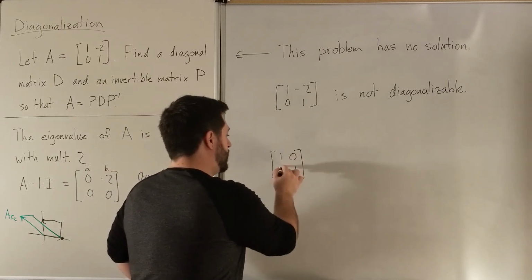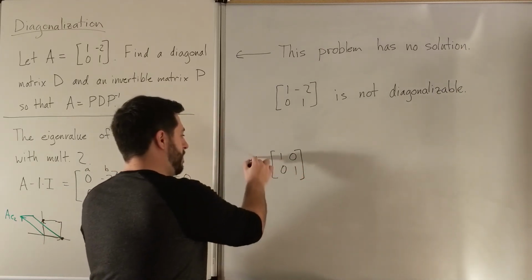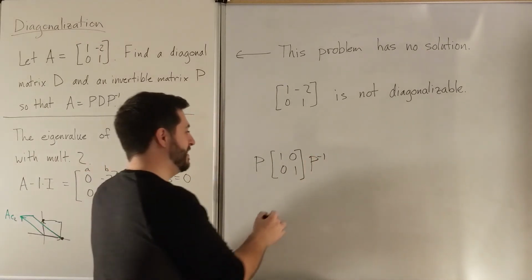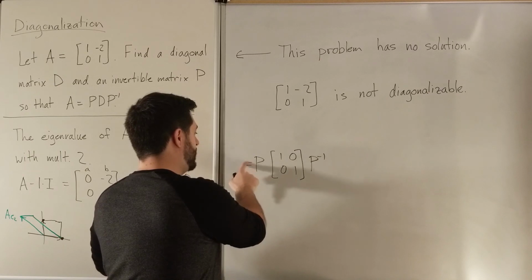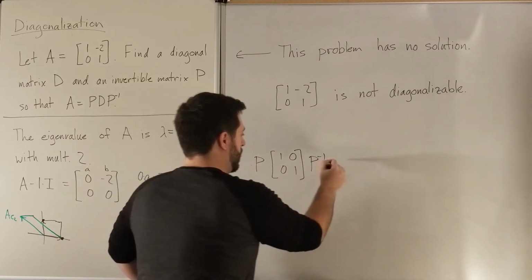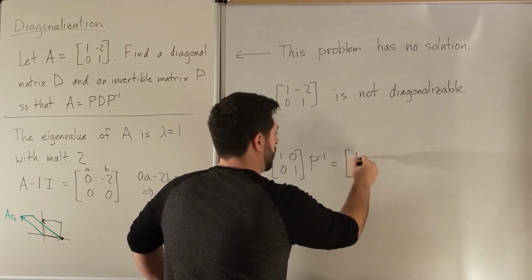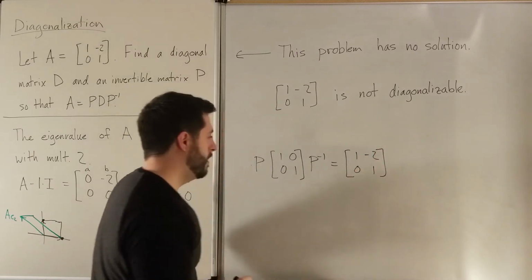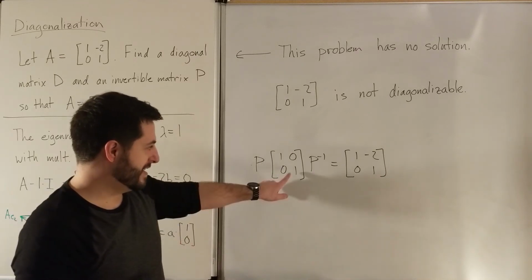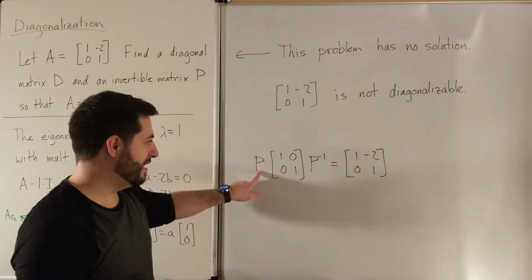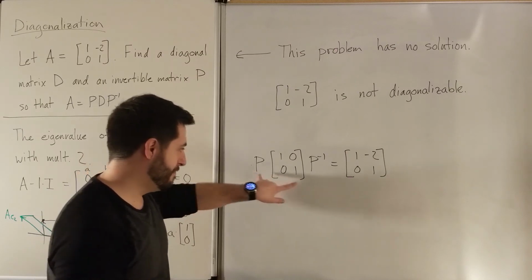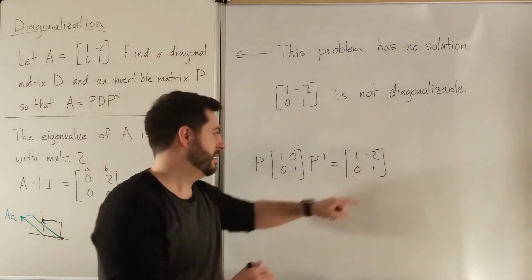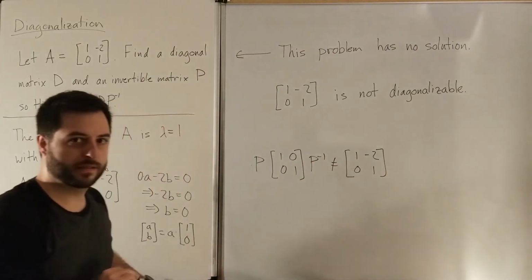So we'd get this diagonal matrix, the identity, and then we'd have some P and P inverse, and this is supposed to equal our original matrix. But this is impossible because the identity times P is just P, and then P times P inverse is just equal to the identity. It's not equal to this. So this can never happen.